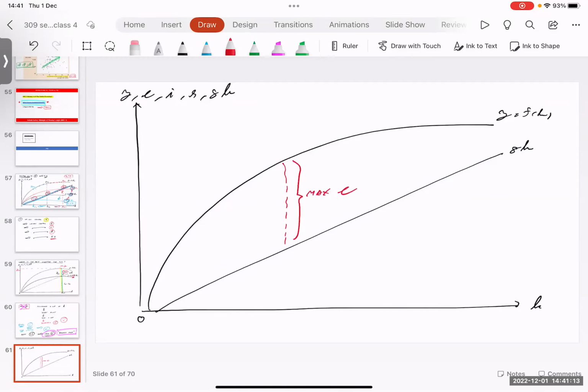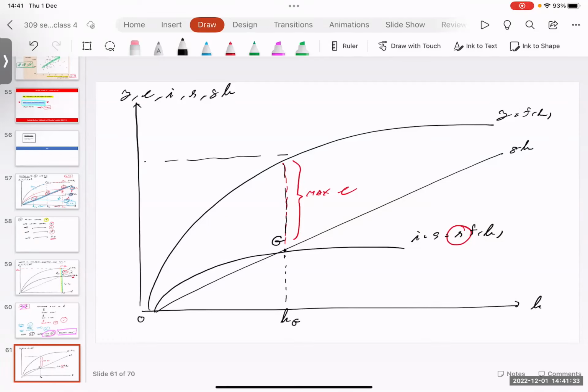So if you know that the maximum consumption is here, the only thing you need to do is control the saving rate to be here. If you can control the saving rate to be here, this is going to be the steady state point, which we call the golden rule, kG and yG. You got it?